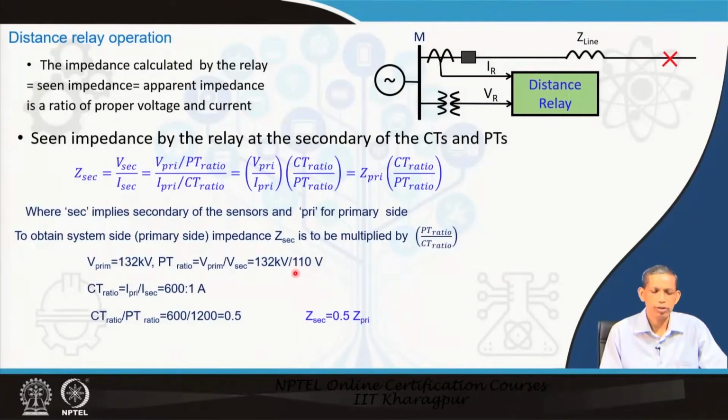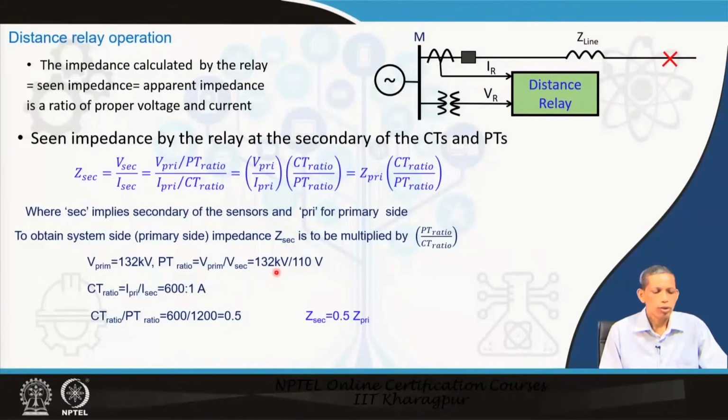Different countries adopt different PT ratios, 110, 120 and so on. This 110 volt again goes to the numerical relay. The numerical relay cannot take that level of voltage directly, so it scales down further inside to a suitable level of 10 volt or so.